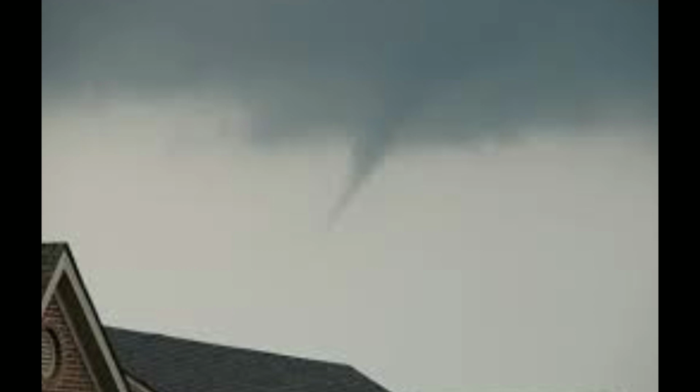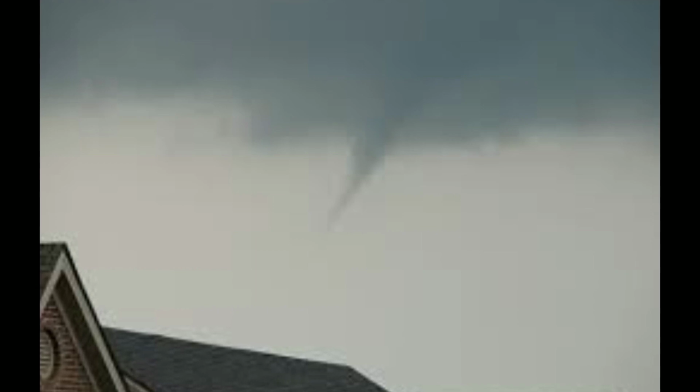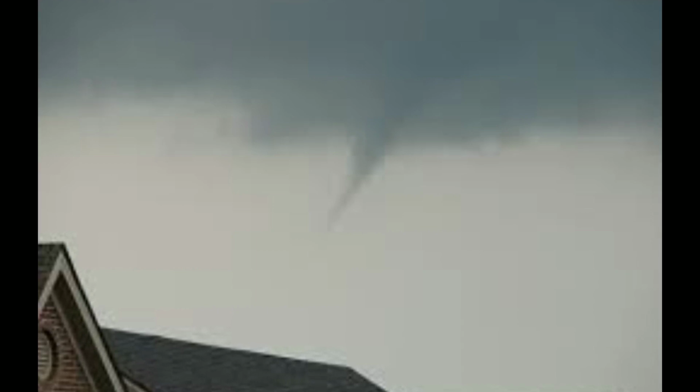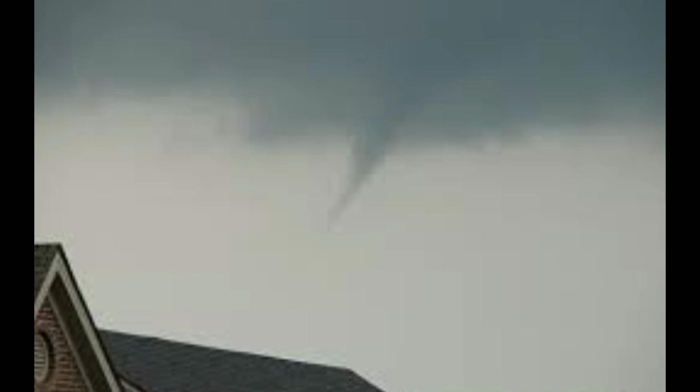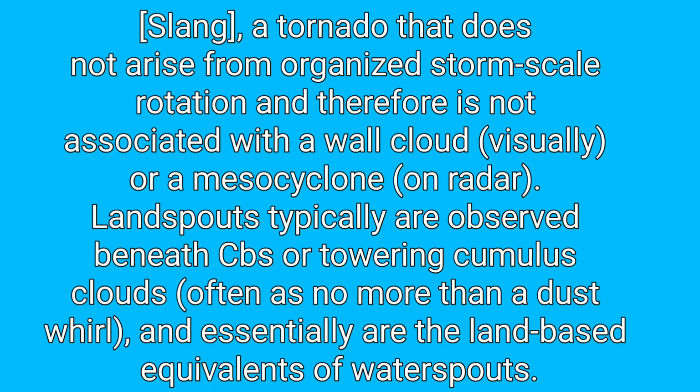There's debate about whether or not landspouts can be considered tornadoes. However, the National Weather Service's official definition of a landspout says, quote, a tornado that does not arise from organized storm scale rotation and therefore is not associated with a wall cloud or a mesocyclone.